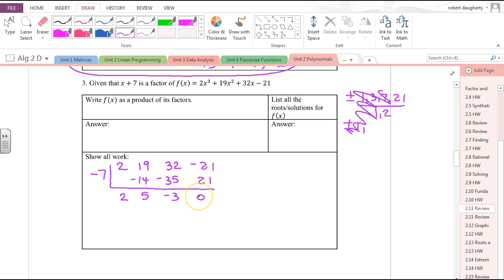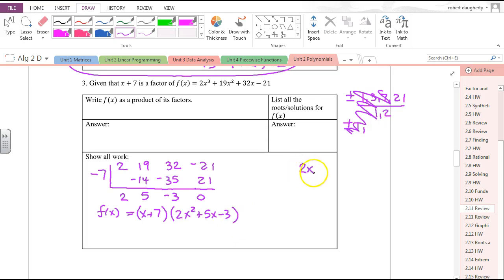Add those numbers to get 0. So I know that f of x is x plus 7 times 2x squared plus 5x minus 3.